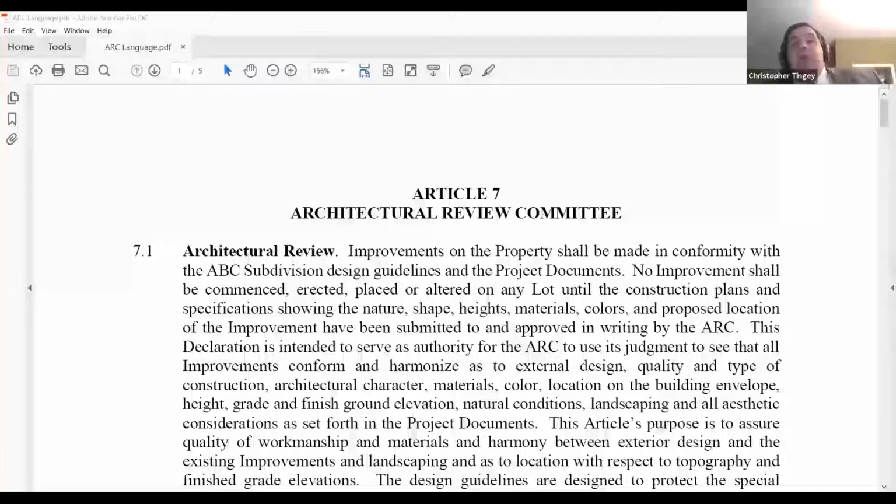Okay, so here what it's saying is the procedures are going to be set out in the design guidelines, and that is common, and that's my preferred way to do it. Now, sometimes you will find a declaration that has the process and it just makes for a longer declaration. There's nothing wrong with that, but I like the ability of the ARC to adopt design guidelines. And the reason for that is things change over time.